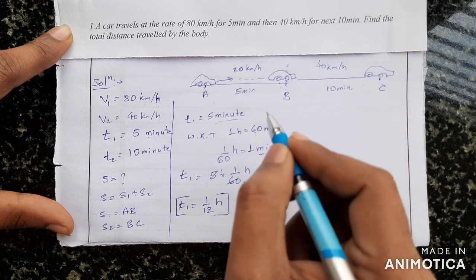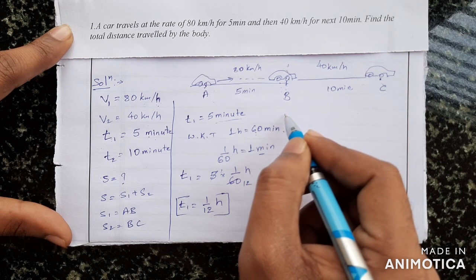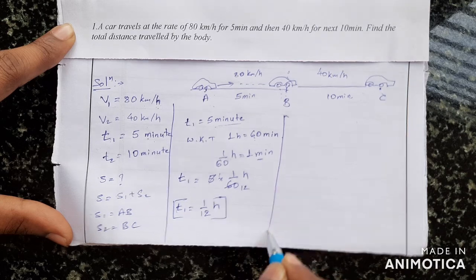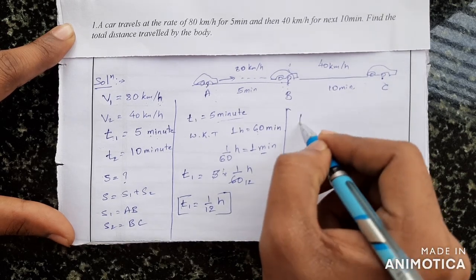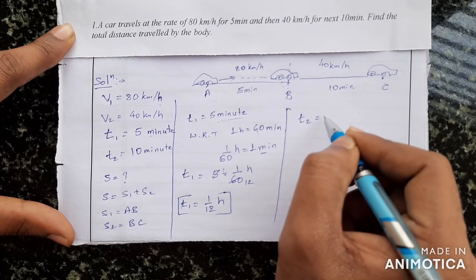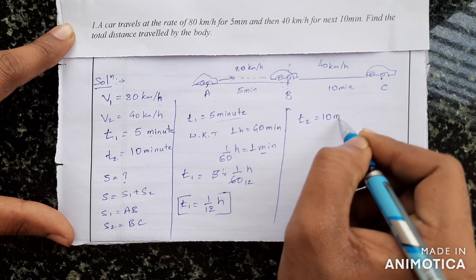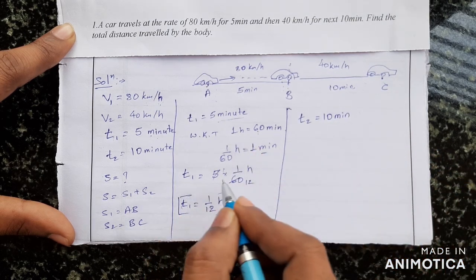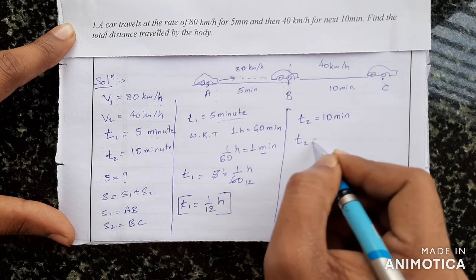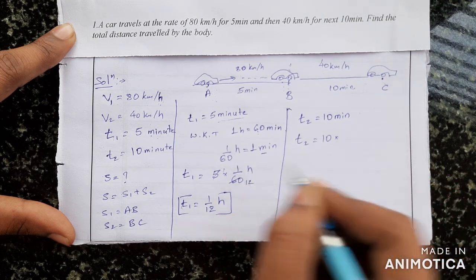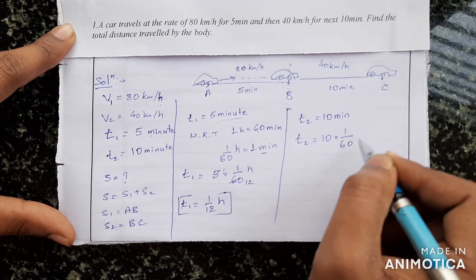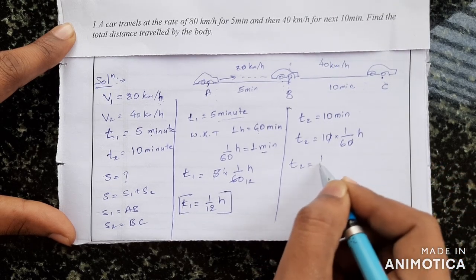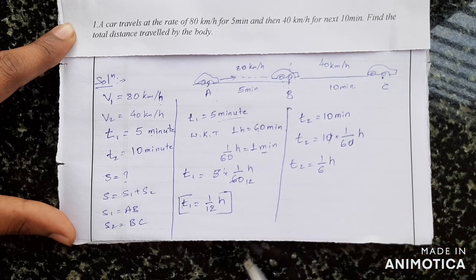Next, similarly, we shall find T2. T2 is equal to 10 minutes. So now we don't need to put this conversion. We can directly put T2 is equal to 10 into each minute is 1 by 60 hour. So T2 is going to be 1 by 6th of an hour.